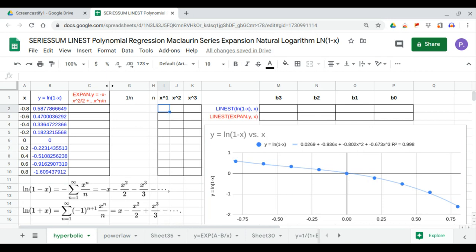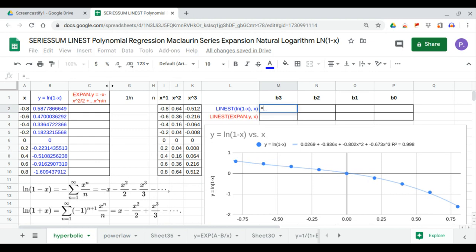So we have a formula of the x values to the power 1. Here we have a formula of the x values to the power 2. And this is a formula of the x values to the power 3. Now we can enter the LINEST.